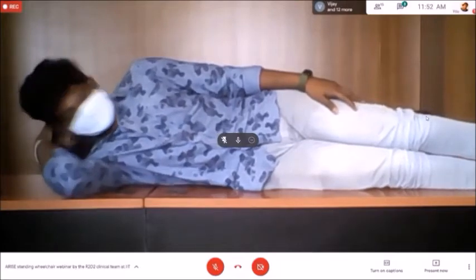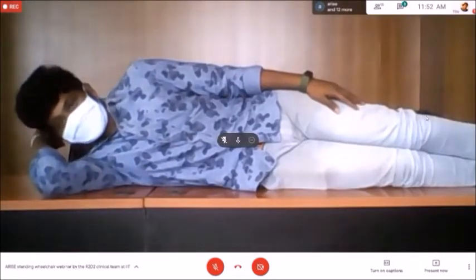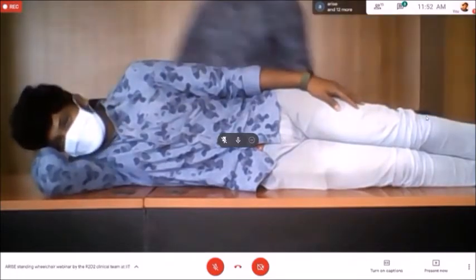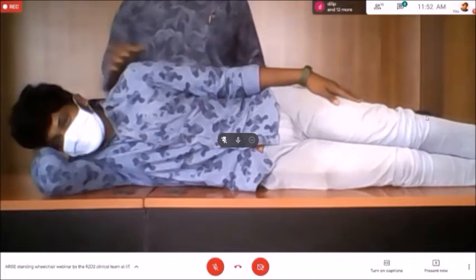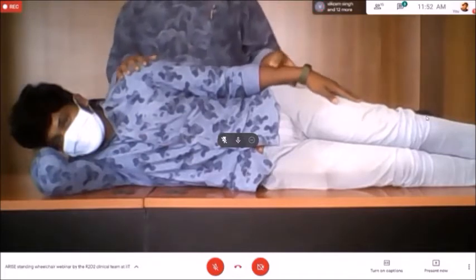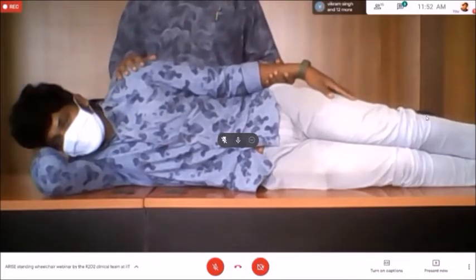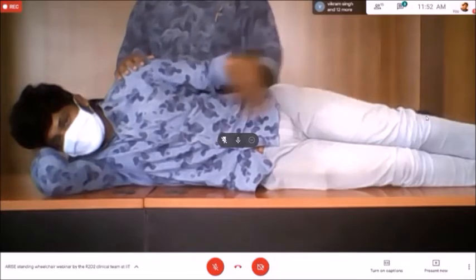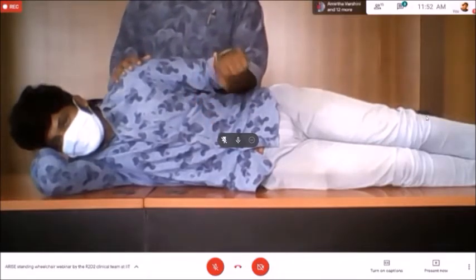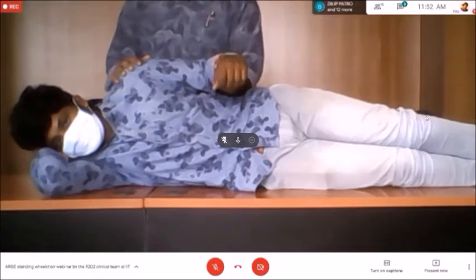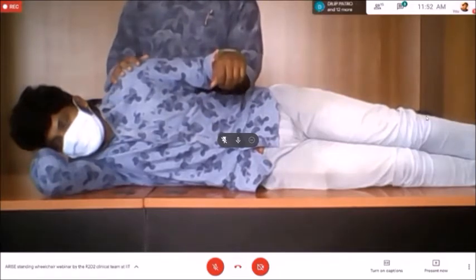Mr. Dinesh, can you just go behind Mr. Manish? You can have one hand on the shoulder and one hand on the forearm, with the elbow bent to 90 degrees. That will help him to relax as well. And then we can take the limb to shoulder flexion, total full flexion.